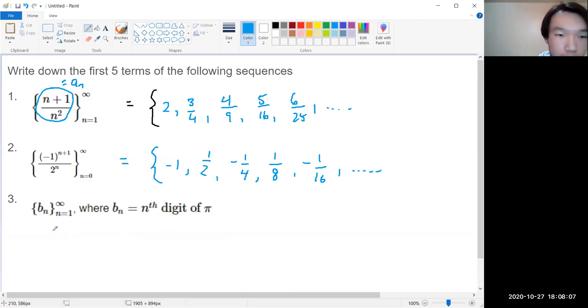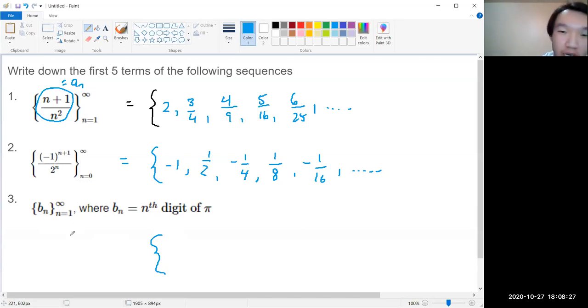Okay, so this one says the nth term is b of n, where b of n is the nth digit of pi. So when n equals 1, that means we're looking at the first digit of pi.